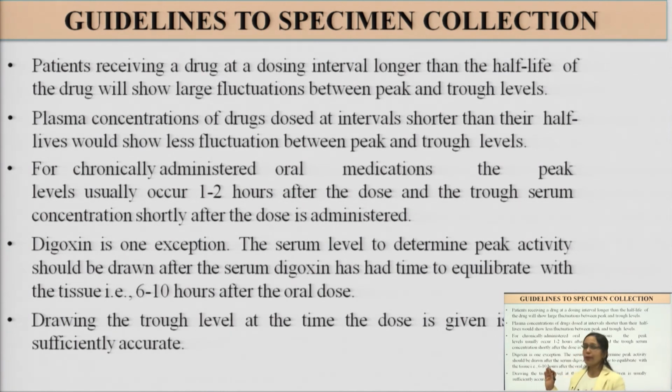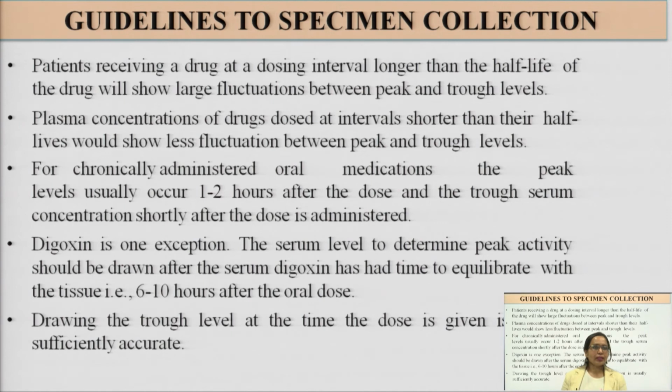First, a patient receiving a drug at a dosing interval longer than the half life of the drug will show large fluctuation between the peak and the trough level. So, we have to avoid this, right. Plasma concentrations of drugs dosed at intervals shorter than the half lives would show less fluctuation between the peak and trough levels.